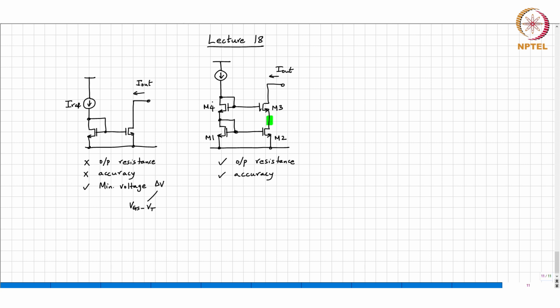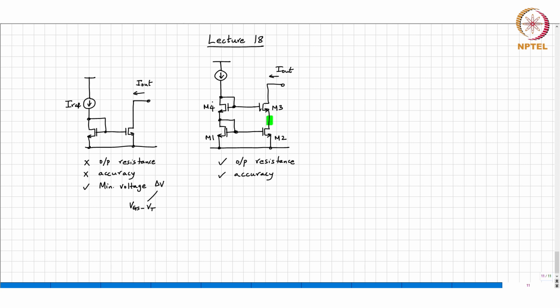Yes, Chaudhary. For M3 also the gate voltage will be delta V. So the gate voltage will be twice delta V plus twice VT.